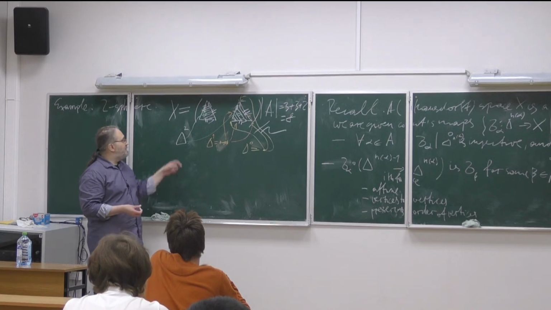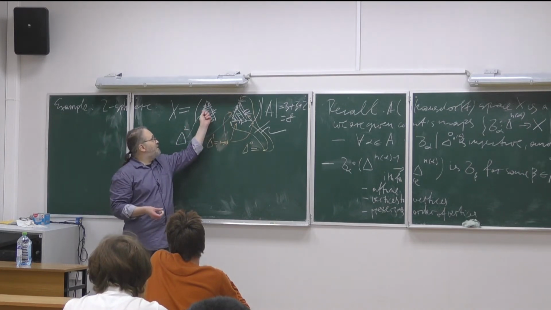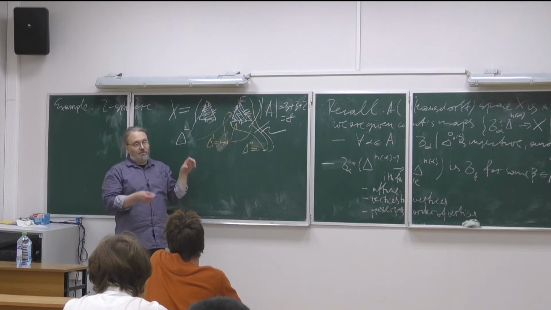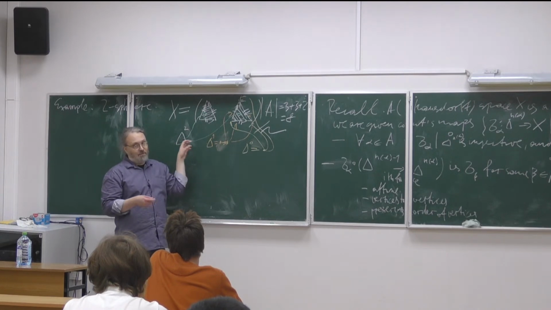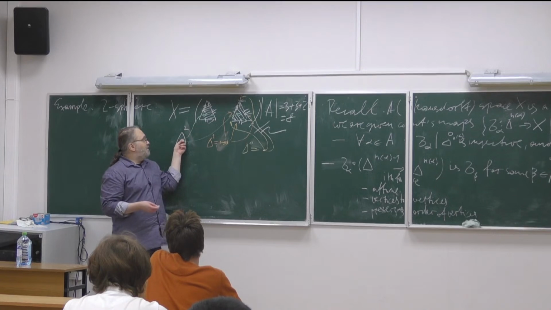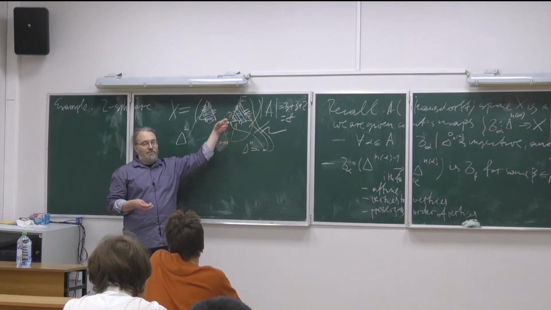Let's say each of these two lives in R2, and the standard delta 2 also lives in R2, and it maps into each of these two in an orientation preserving way.